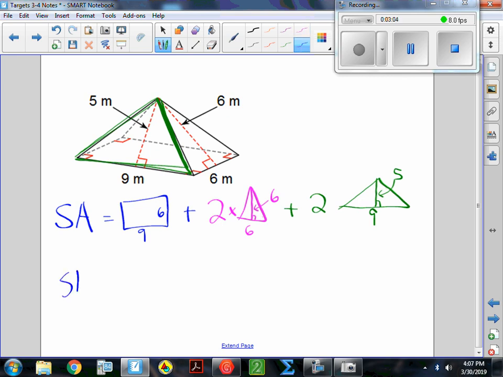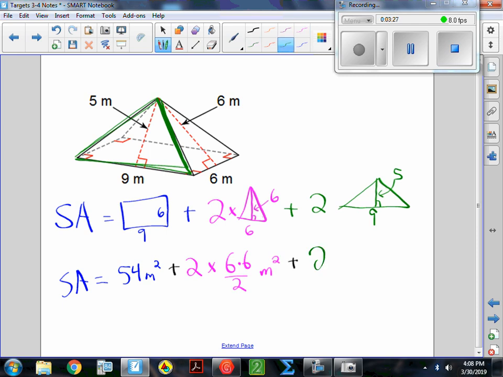So my surface area is going to equal 9 times 6, which is 54 square meters, plus 2 times base times height divided by 2. So 6 times 6 divided by 2, square meters.